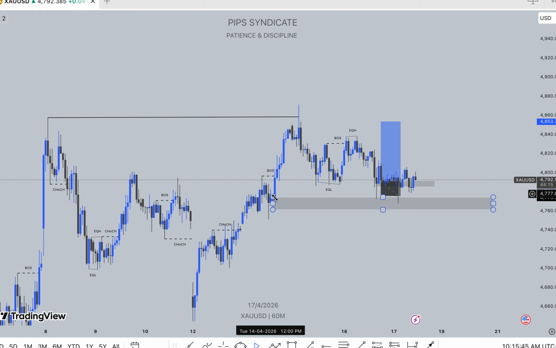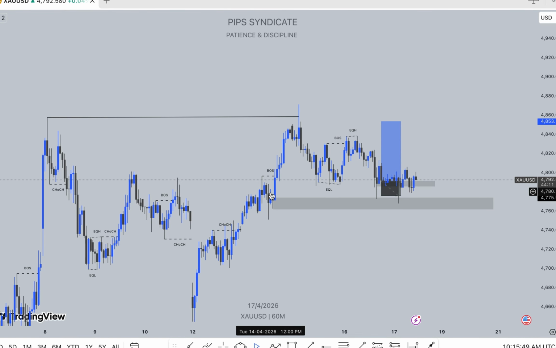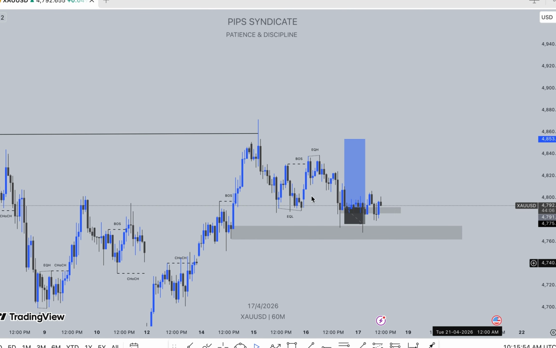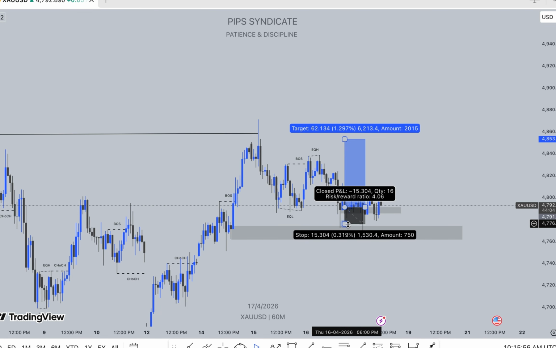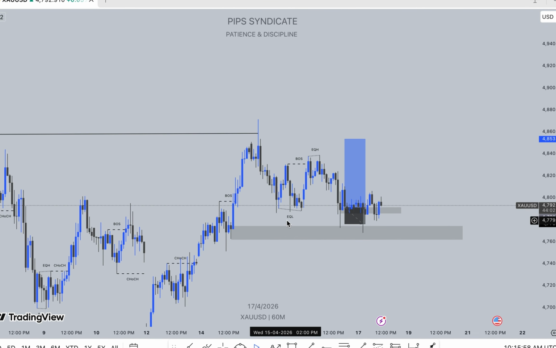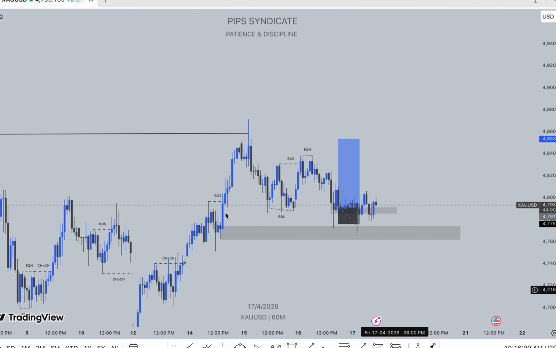And as you can see, guys, we had this order block here, which is a demand zone. You can see we had another block here which I was waiting for price to come into, then I'll buy because we have a liquidity point here, this equal low.